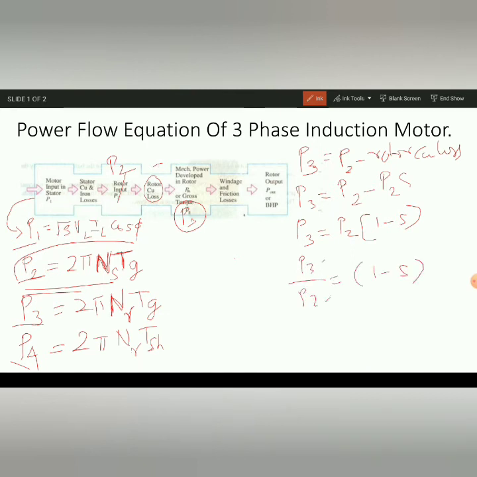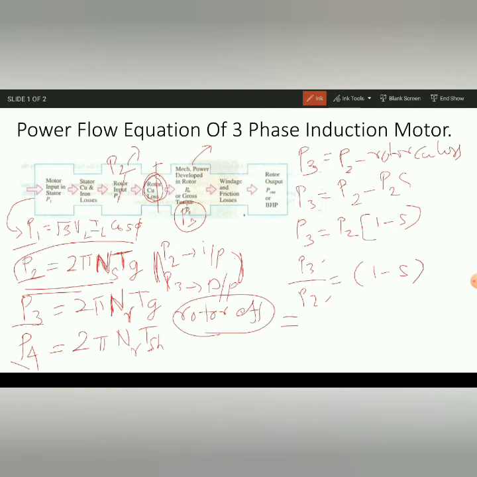What are P3 and P2? P2 is the rotor input and P3 is the rotor output. So when we find P3 by P2, that is output by input, we can find the rotor efficiency. Not the overall motor efficiency, only the rotor efficiency.